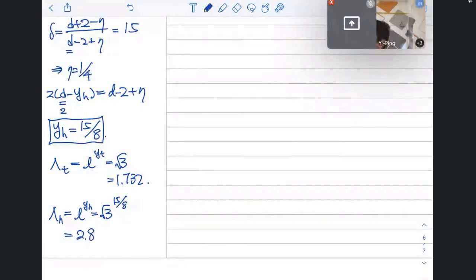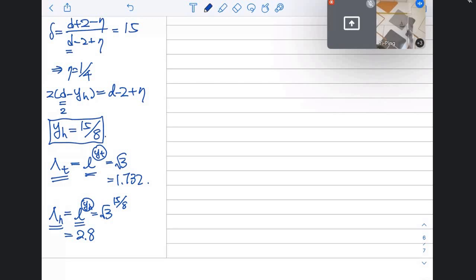The point is that lambda_t and lambda_h will depend on your scale L, but the key point is that y_t and y_h should be independent of L. We will see how to calculate y_t and y_h using the approximation scheme.